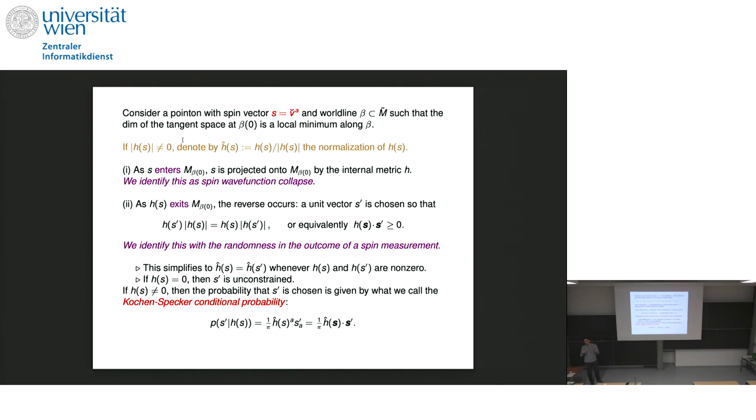So there's an arbitrariness, and the probability is given by just the dot product. So it becomes less likely, but the reason this has this form is that then this will produce exactly the Born rule for spin wave function collapse. So you get quantum mechanics out of this.